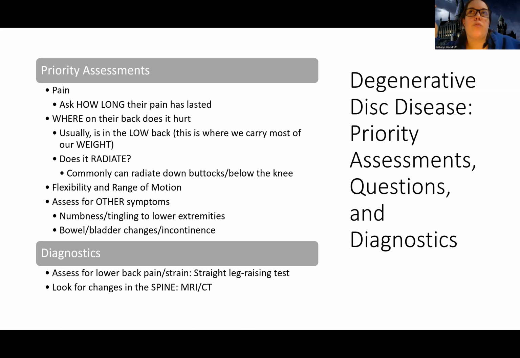We also want to assess for other problems, because we're dealing with spinal issues. We're talking about the lower back, so we have to think about the function of the lower spine. The fancy word is innervate: what part of the body does the lower spine talk to? Most of the lower spine talks to your lower extremities and helps get blood flow, sensations, and nerve impulses to them.